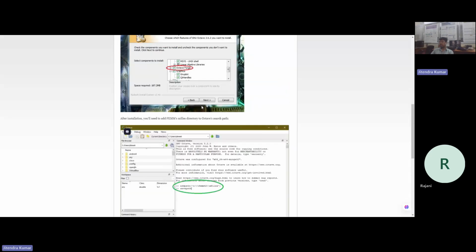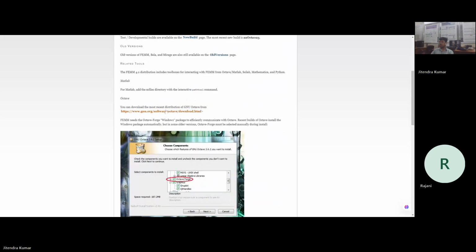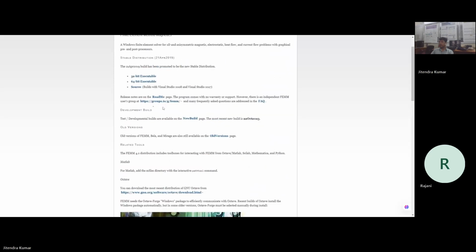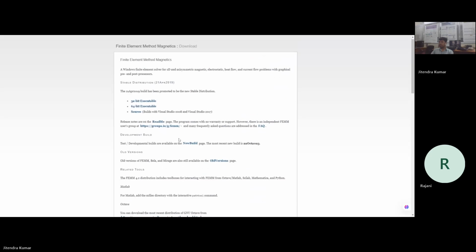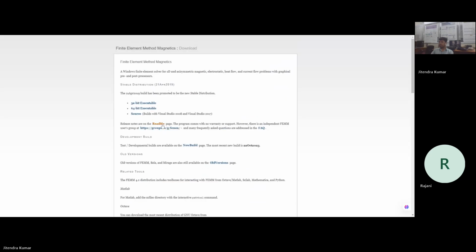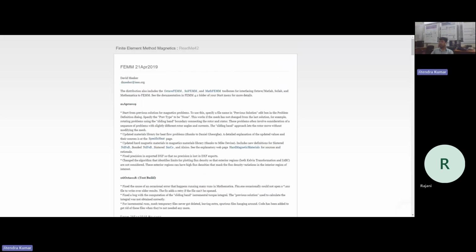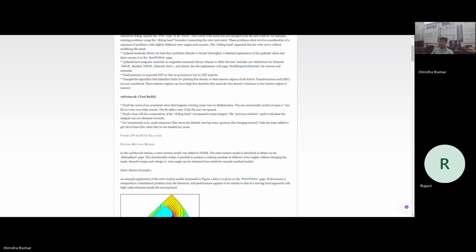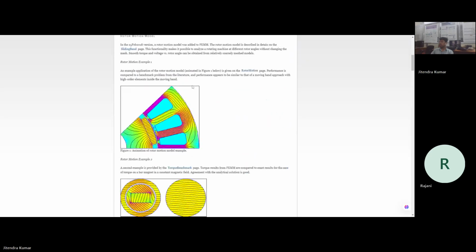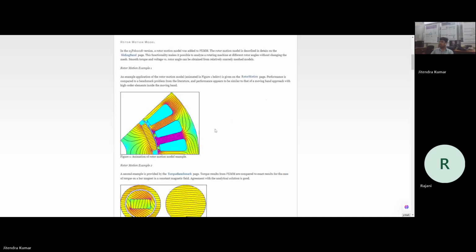Then certain instructions are mentioned, you could follow. Release notes are on the page. So this is how you will be able to get some examples.